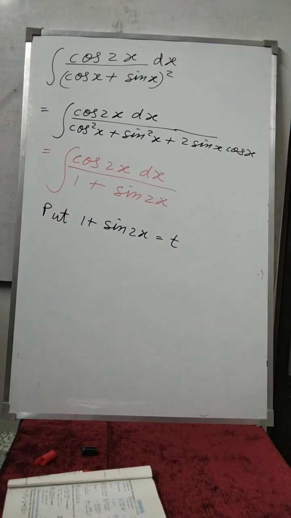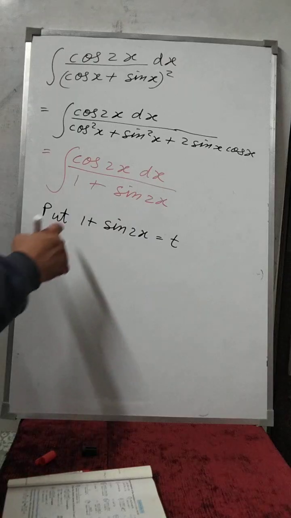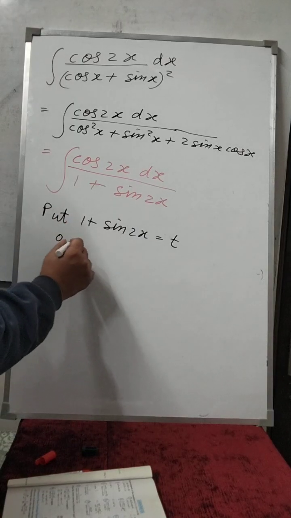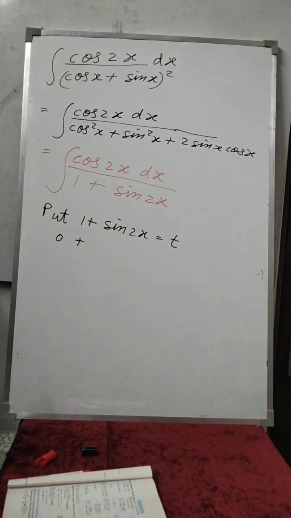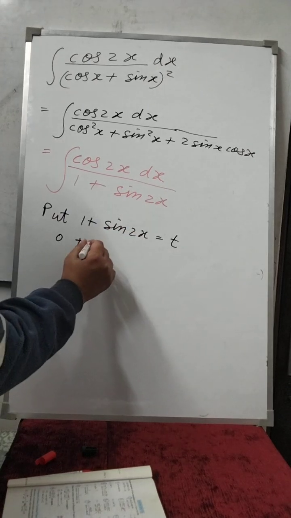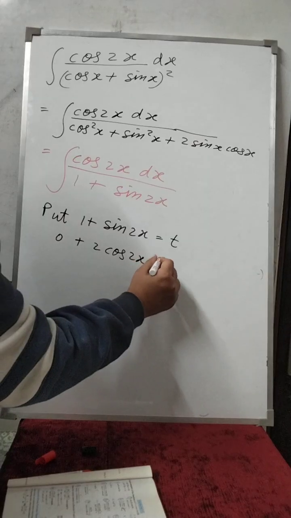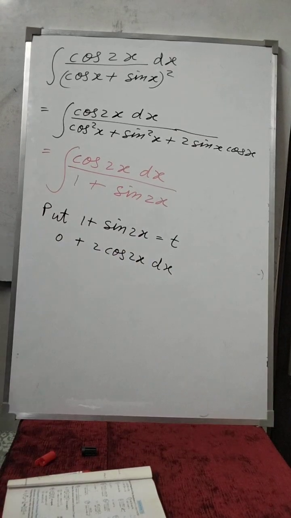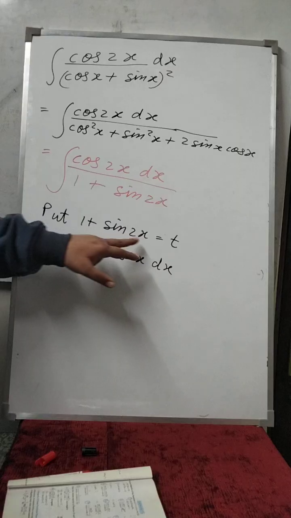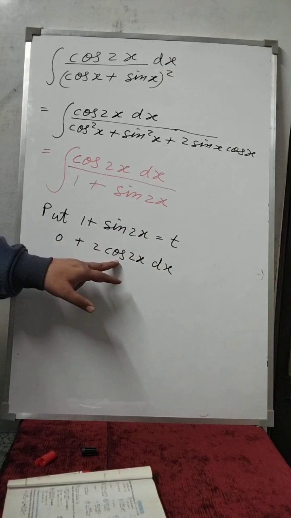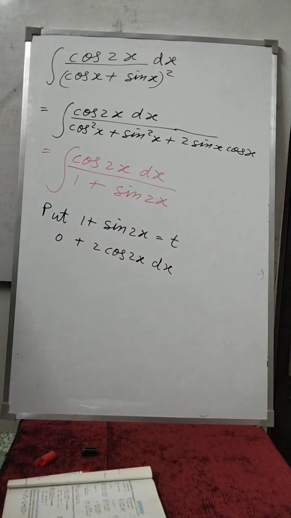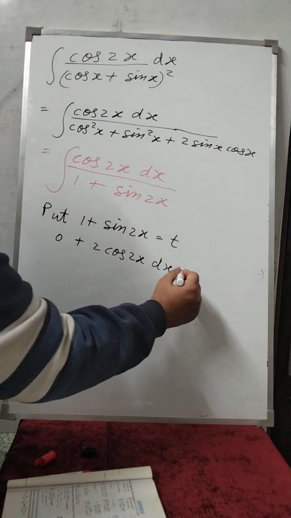Then what I will do? I will differentiate both the sides. So differentiation of 1 will become 0 plus differentiation of sin 2x will become 2 cos 2x dx. Am I right? And differentiation of t will become dt.